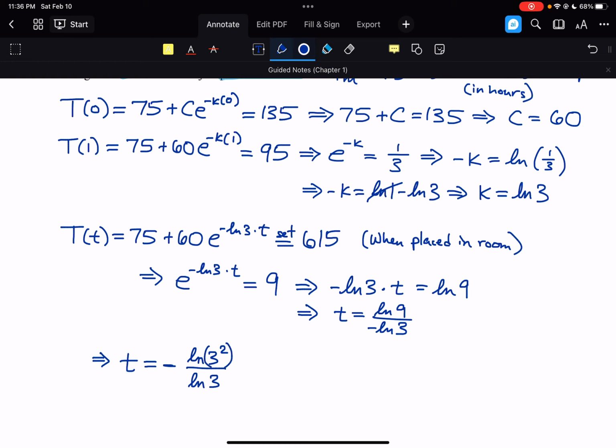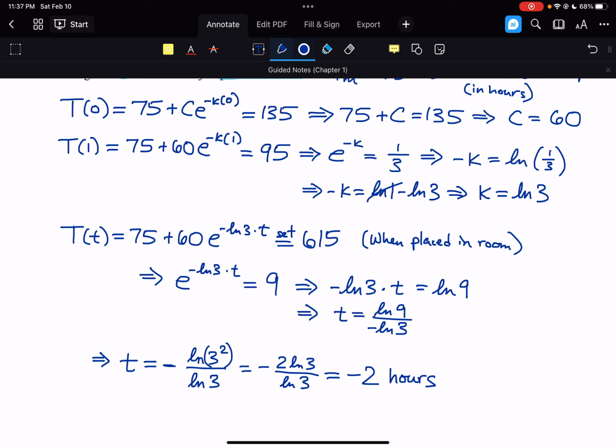And that square is on the 3, just for the record. But using properties of logarithms, the 2 can come down to the front. So we're going to get negative 2 ln of 3 over ln of 3. That provides us with the cancellation that we were looking for. So we get negative 2. This is a time in hours.